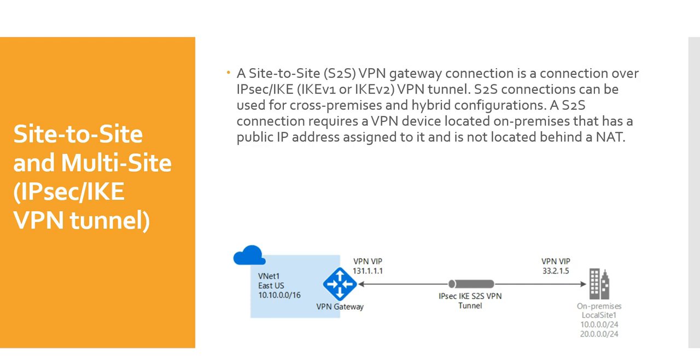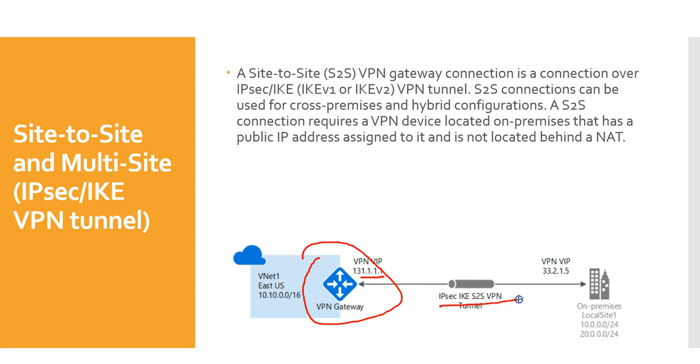Site-to-site connections can be used for cross-premises and hybrid configurations. A site-to-site connection requires a VPN device located on premises, which will be this, and that has a public IP address assigned to it and is not located behind a NAT.